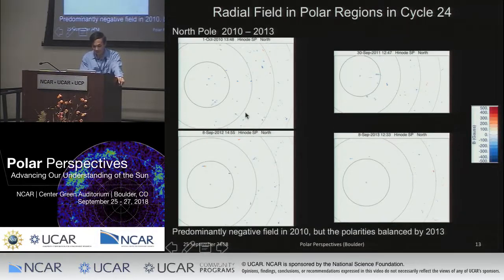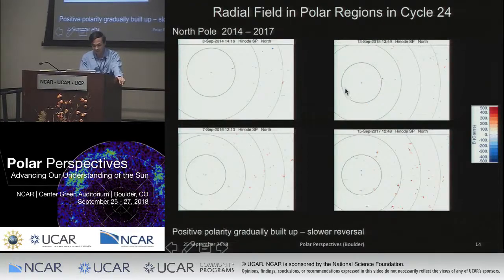But the north field actually started the reversal earlier, and was predominantly negative, and by 2013 it was kind of balanced between positive and negative. And it was a fairly slow reversal after that, but now it's dominated by positive polarity. So I did this analysis up to 2018 March.